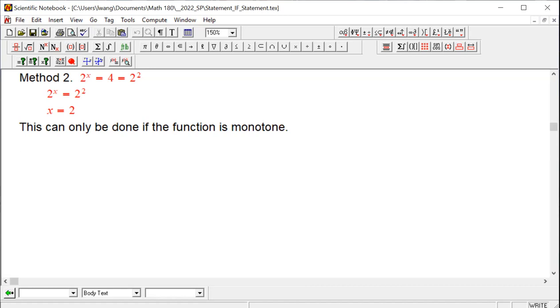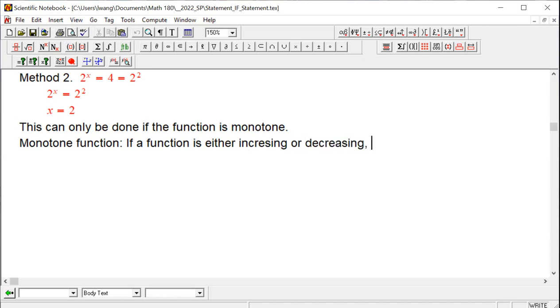Okay, so now we're going to talk about what a monotone function is. If a function is either increasing or decreasing, then it is monotone.